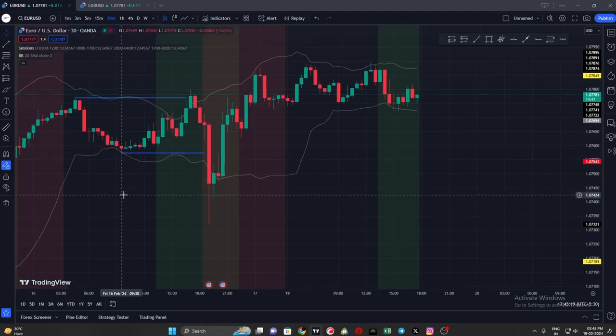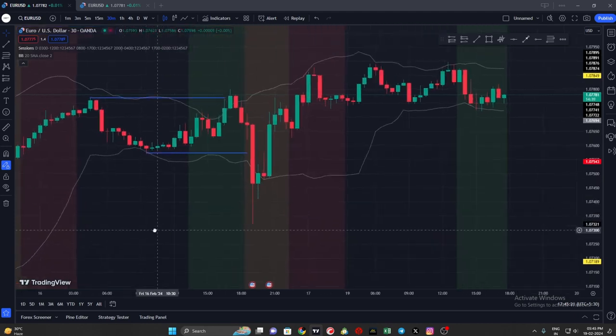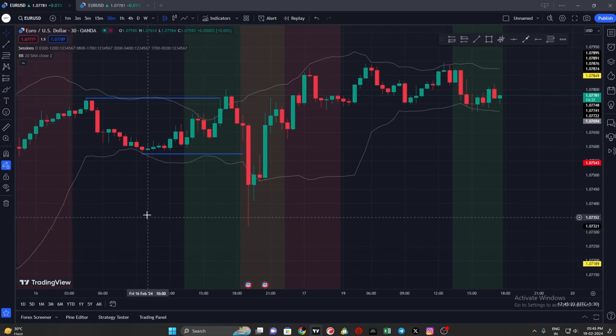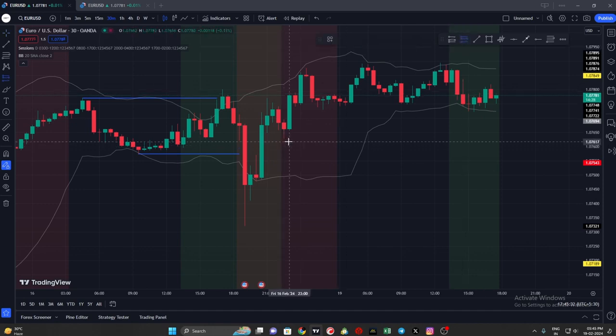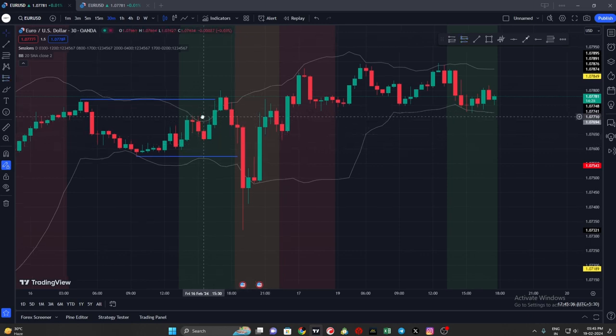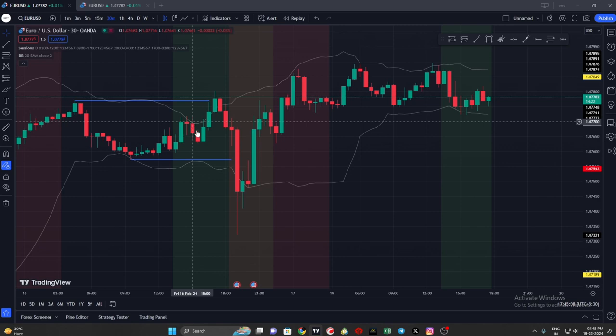Now you're going to wait for price to take out that liquidity, and when it does, we will simply take buys and sells. We will not wait for any confirmations. Let me teach you how. Price is coming up and up, and now you can see that price has tapped this buy side liquidity.